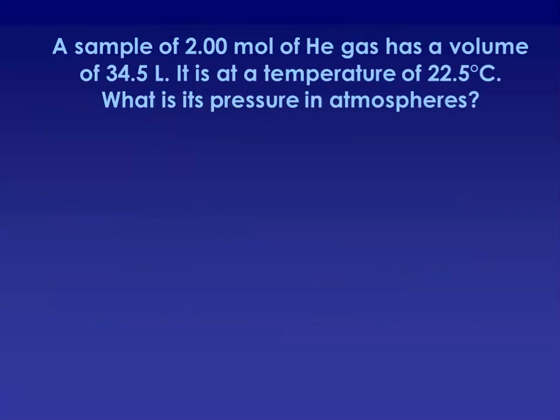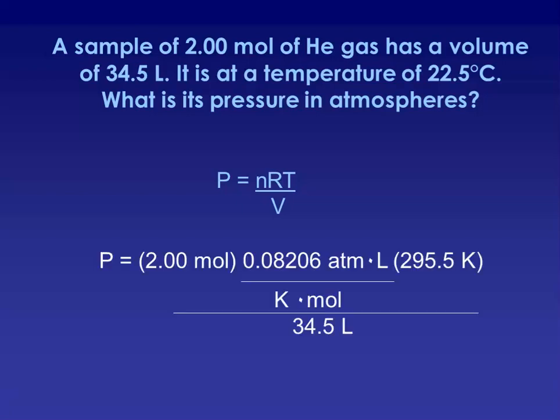So here we have 2 moles of helium gas. It's at a volume of 34.5 liters, and it's at a temperature of 22.5 degrees Celsius. We want to find the pressure in atmospheres. So if we take that ideal gas law, PV equals nRT, and we isolate P, we get that nRT gets divided by V to find that value for P. Now, because the constant has set units, that determines what units we need to have our n, our T, and our V in. Our n is our moles, 2.00, and that works out with your constant, which is divided by moles.